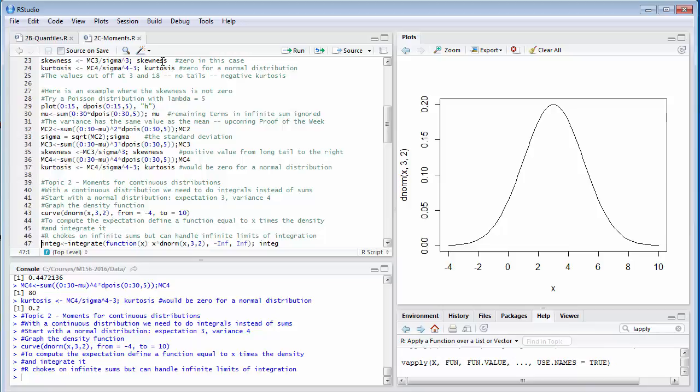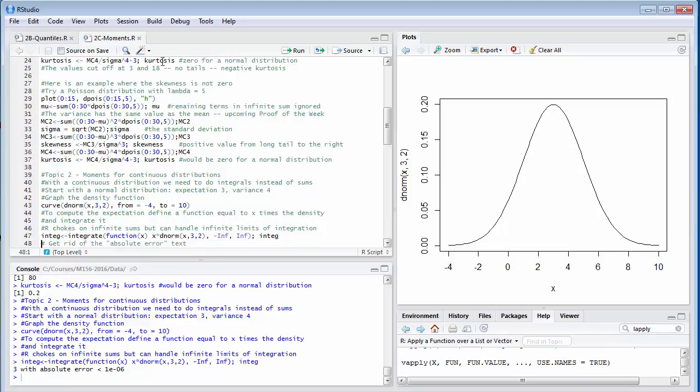So I say function of x defined by the formula x times the normal distribution density function for mean 3 and standard deviation 2, and please integrate that from minus infinity to infinity and show me the result. And it says the result is 3 with absolute error equal to 10 to the minus 6.